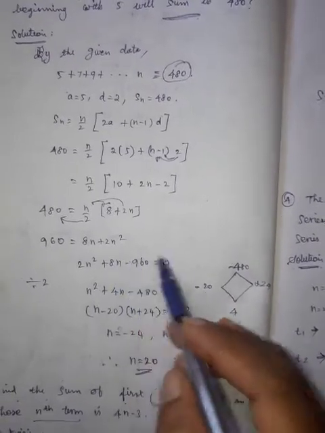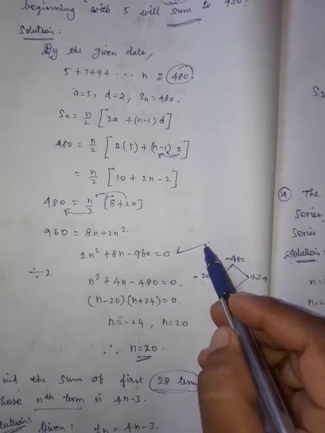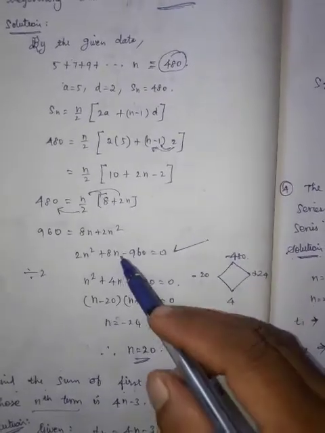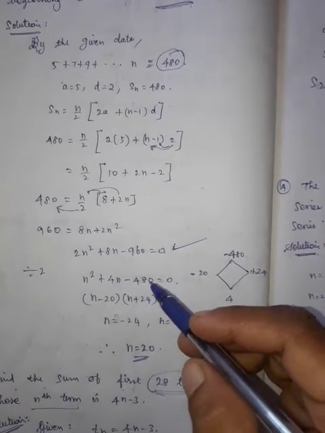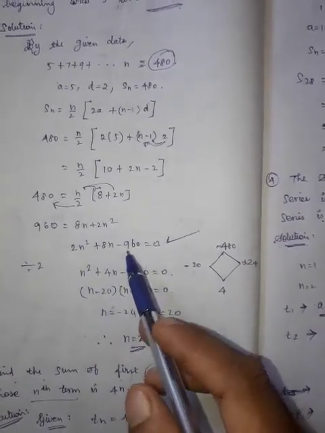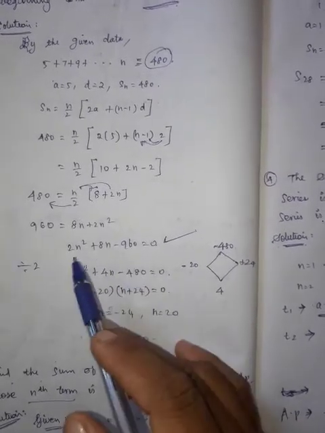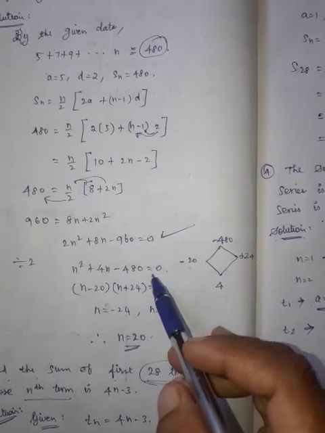Arranging this in quadratic form, we find the n value. Using the factorize method, dividing these numbers by 2, n square plus 4n minus 480 equal to 0.